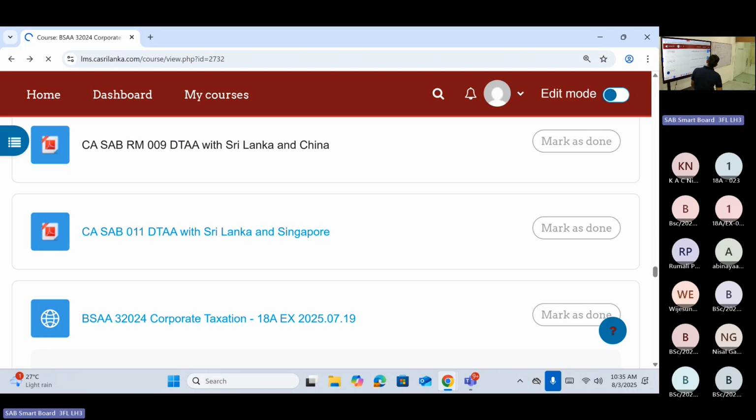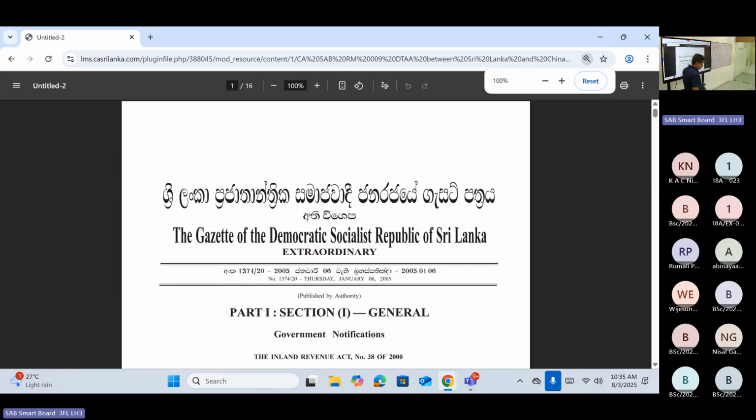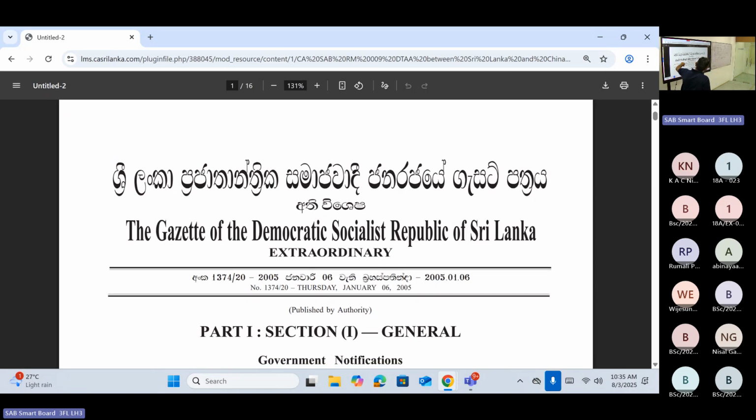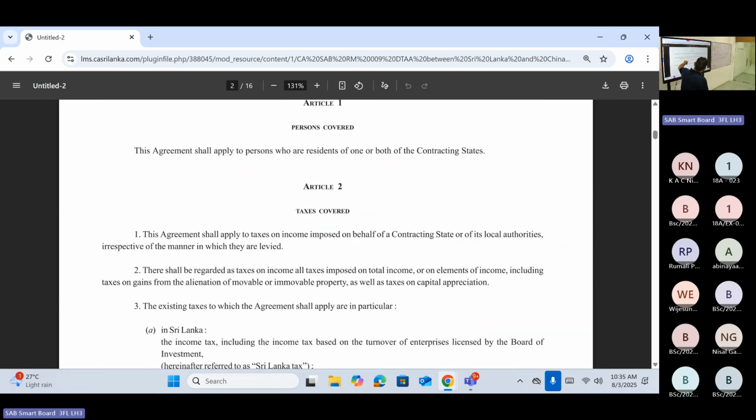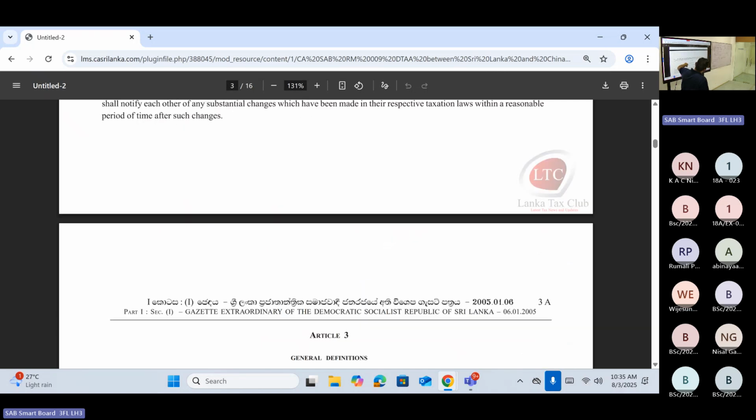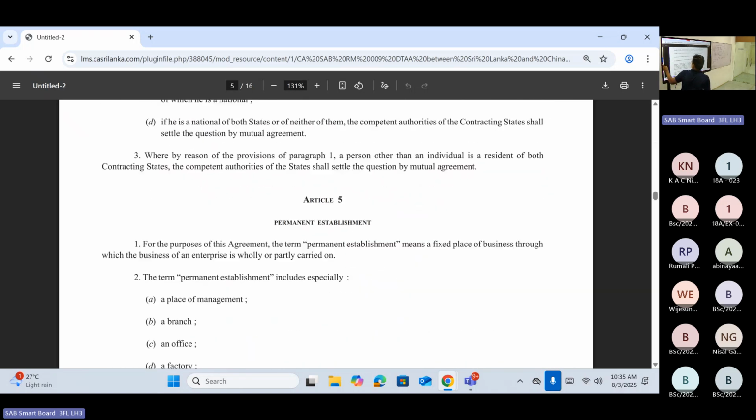So we'll read the India-Sri Lanka and China-Sri Lanka DTA, and we'll see how they are going to eliminate double taxation. A separate article is there in every double taxation agreement: elimination of double taxation.